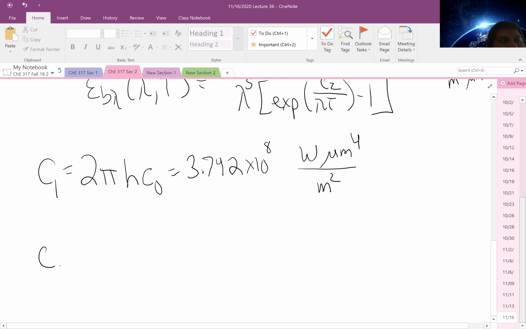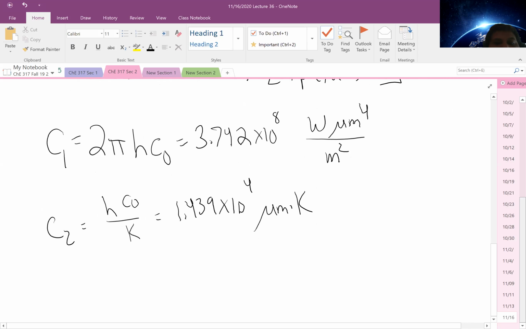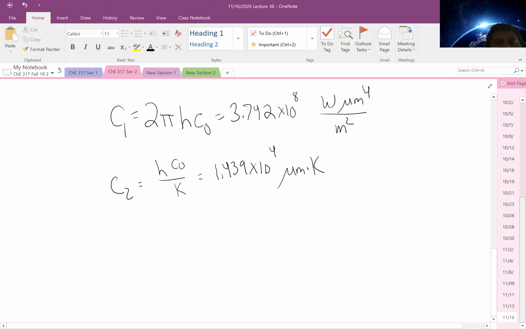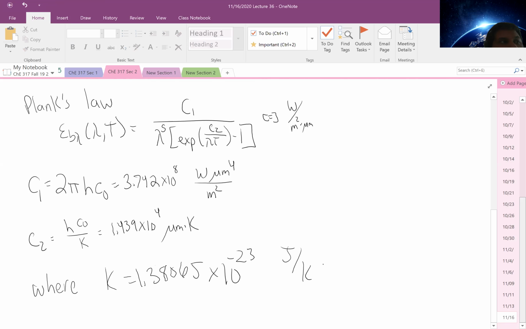And C2 is h c naught over k, which is 1.439 times 10 to the fourth micron Kelvin, where k was Boltzmann's constant, 1.38065 times 10 to the minus 23rd joules per Kelvin.